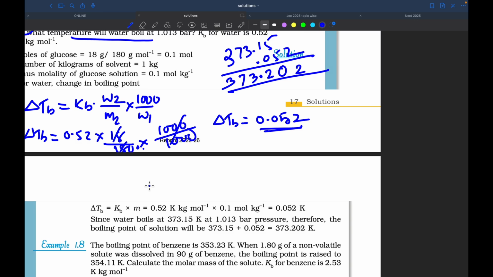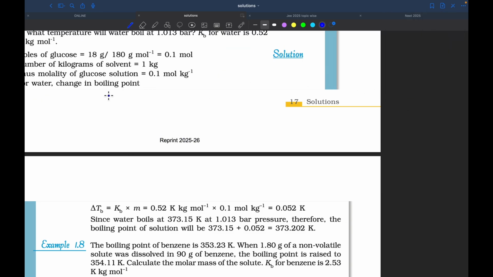So both the boiling points are given, so the difference will be the elevation in boiling point. Higher minus lower has to be done. Every time the difference will be higher minus lower. So let's do it here. So 353, 354, we have to subtract this first. 354.11 minus 353.23. Subtracting this will give the answer.